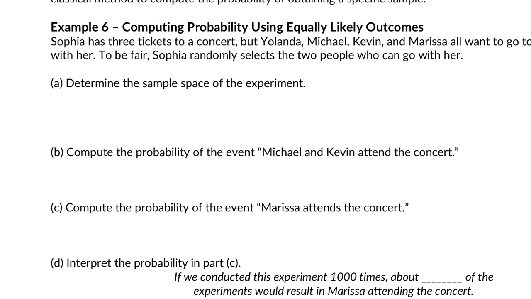First things first, we have to determine the sample space for the experiment. So we need S, which means we need to list out all of the combinations of friends that Sophia can bring: Yolanda and Michael, or Yolanda and Kevin, or Yolanda and Marissa. We could also combine these in different ways.